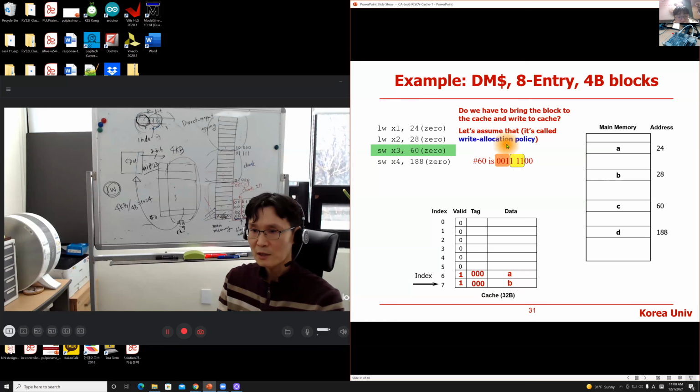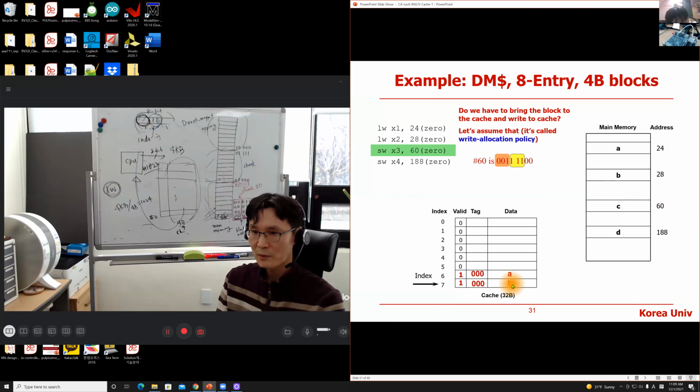So let me play the animation. That memory block will be placed. The cache entry will be replaced with the new memory block from location 60.